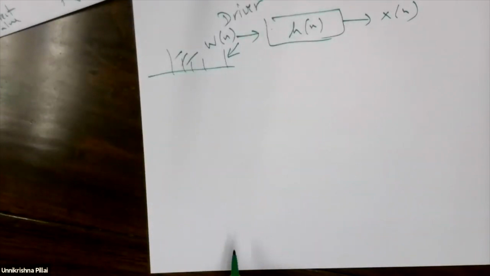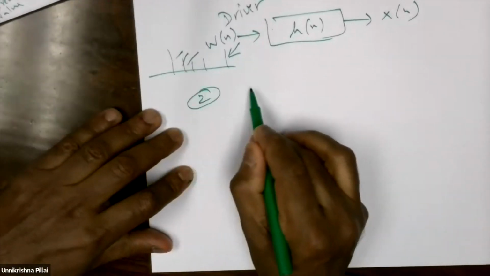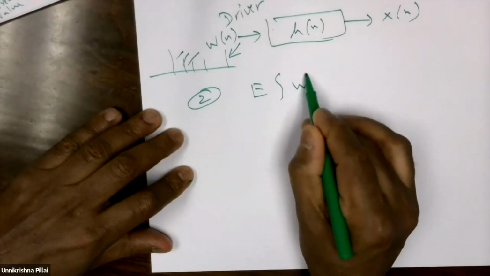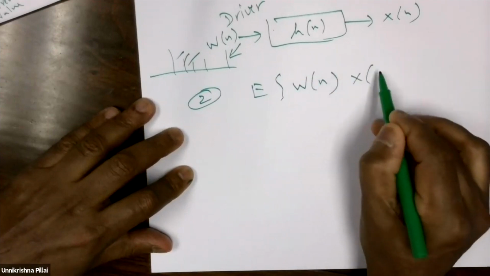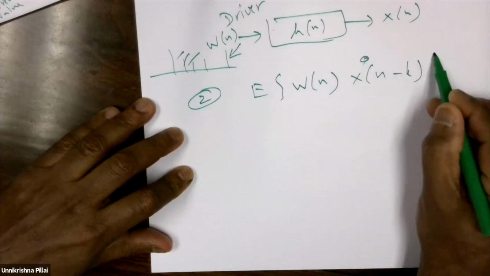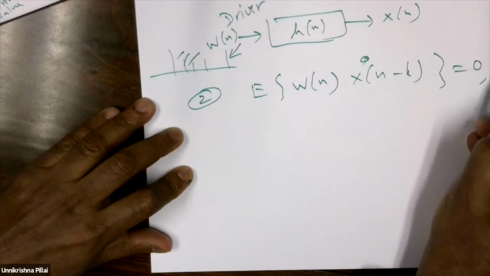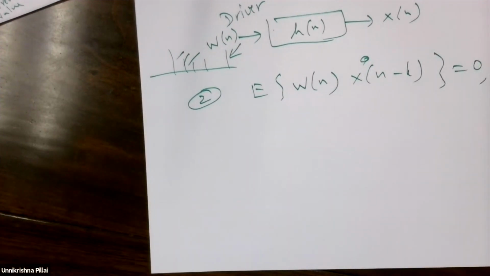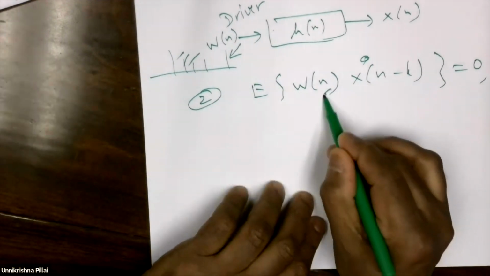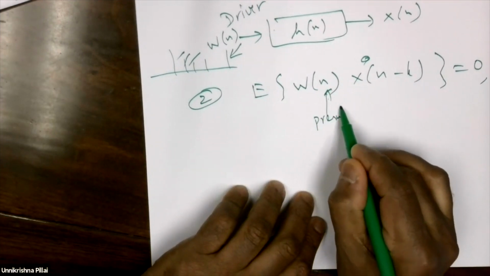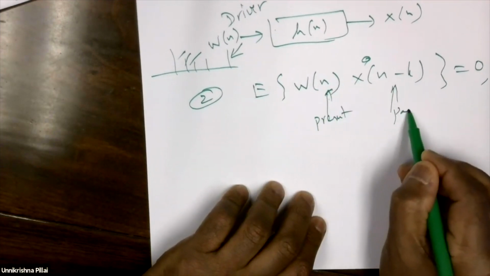And the second assumption is about W, the current value of the input. What does this mean? Anybody? This is the present, past.